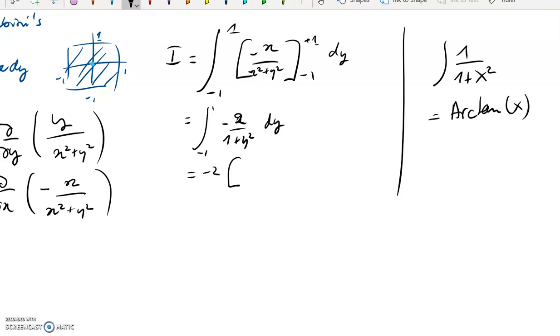You can call that tan⁻¹, but it's the inverse function of the tangent.